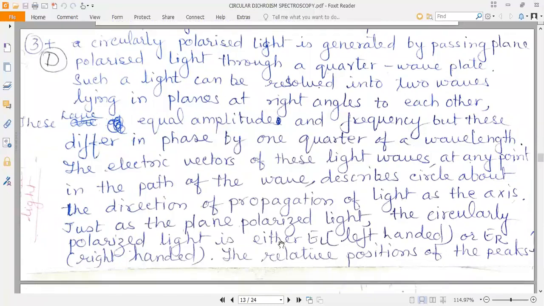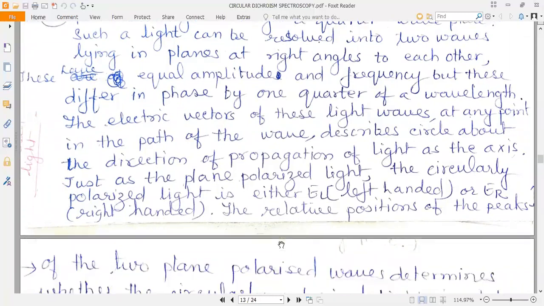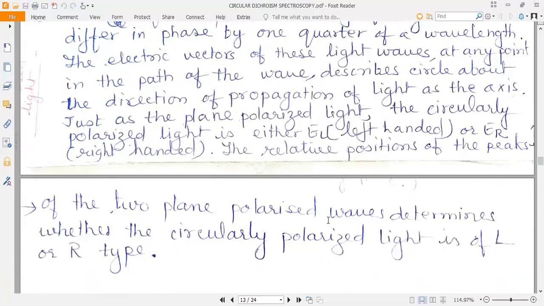Just as plane polarized light, the circularly polarized light is also either left-handed or right-handed. The relative positions of the peaks of the two plane polarized waves determine whether the circularly polarized light is of L or R type.